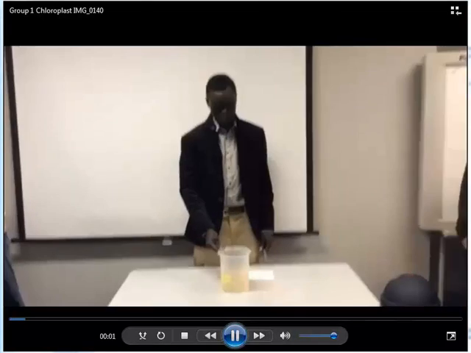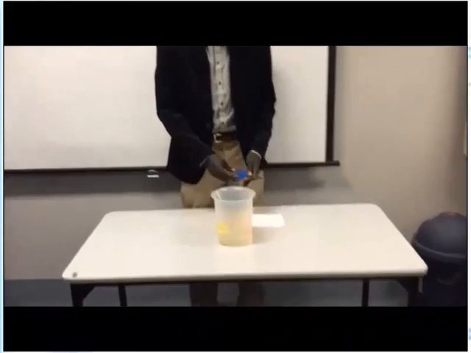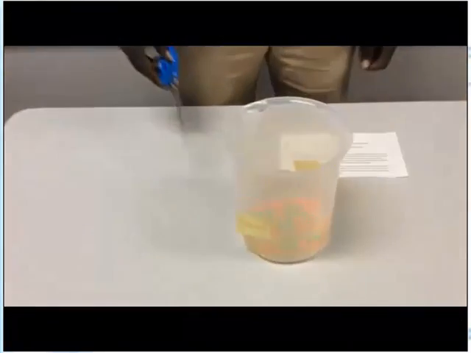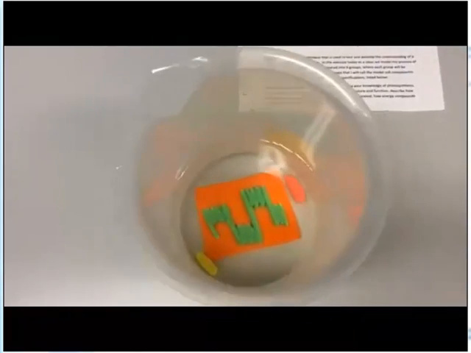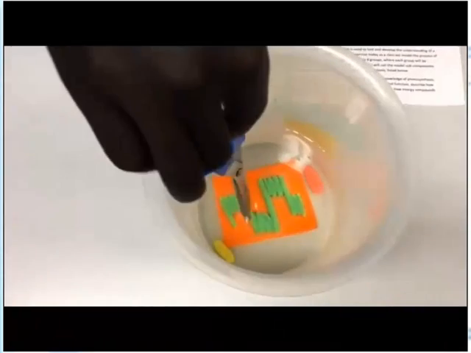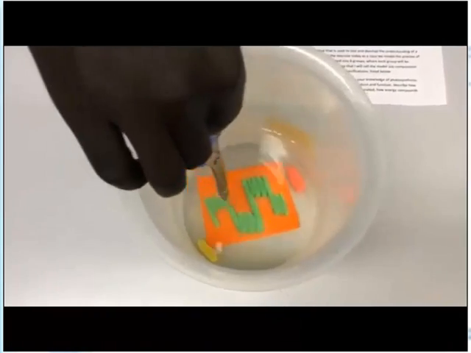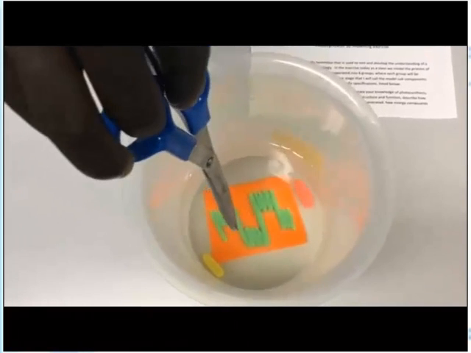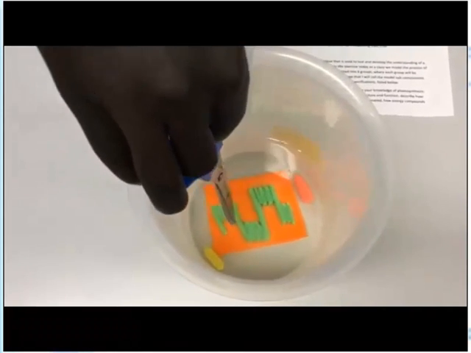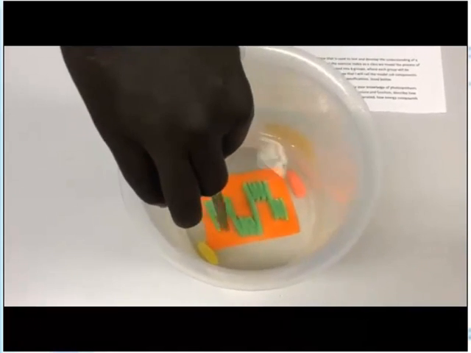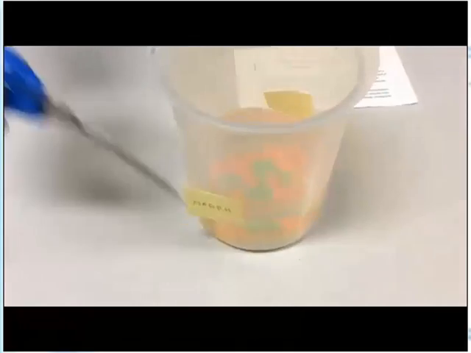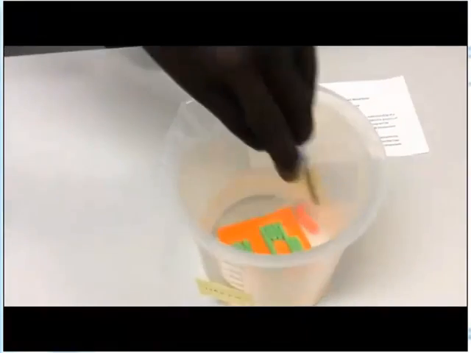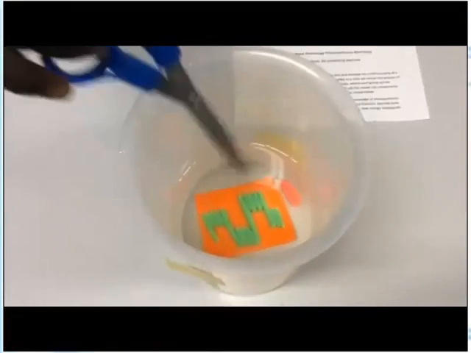This model illustrates a chloroplast. It contains thylakoid membranes. The parts of thylakoid membranes are lumen, which is this green stuff you see here, and there is the stroma, where the space is, and outside here is the outer membrane, and in there is the inner membrane.